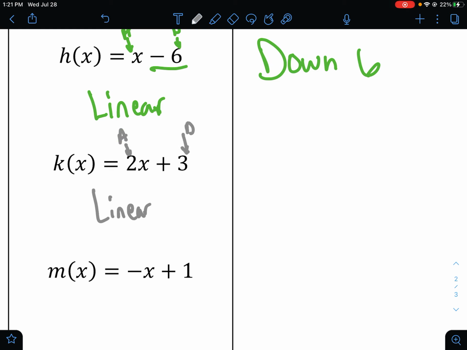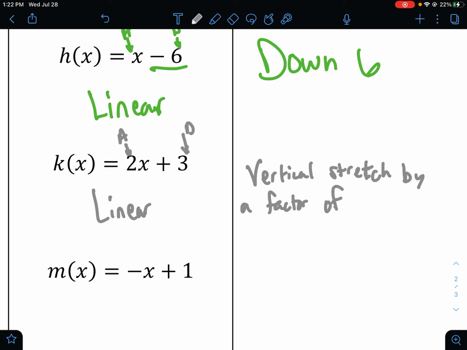A slope of 2 instead of having a slope of 1 should make it steeper, making this a vertical stretch by a factor of 2. And then with the plus 3, you also have an up 3, or you can say vertical shift up 3 or vertical shift positive 3.